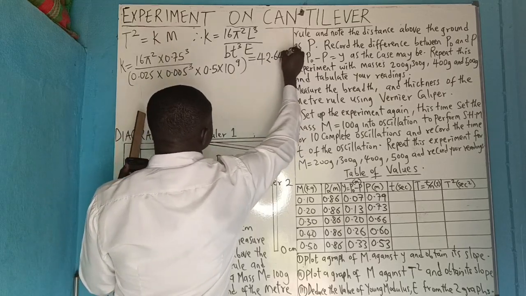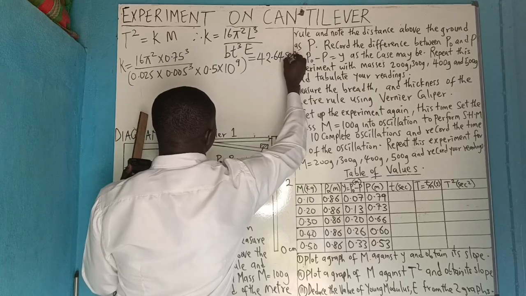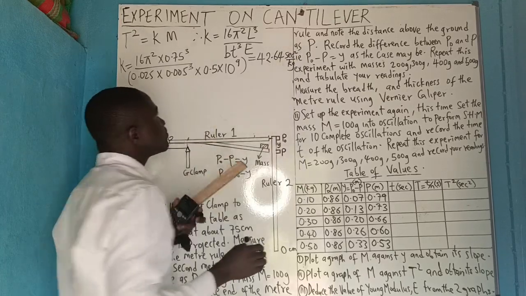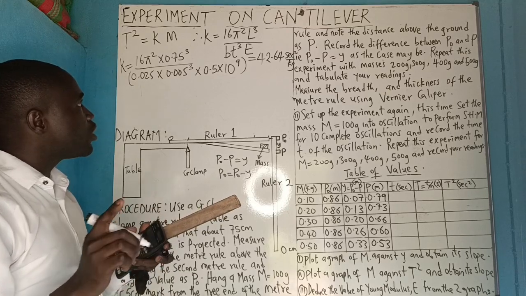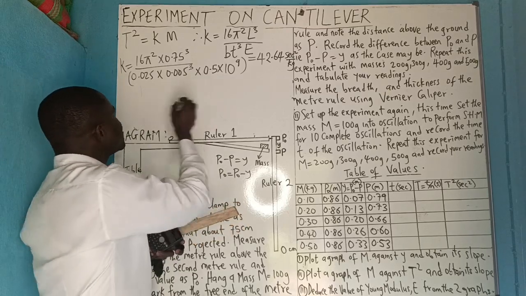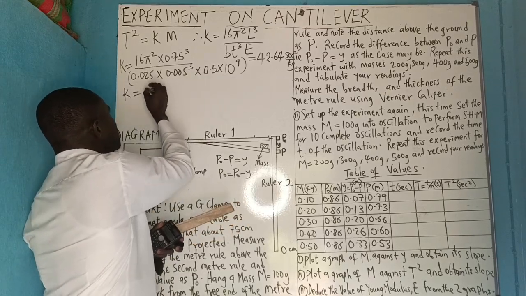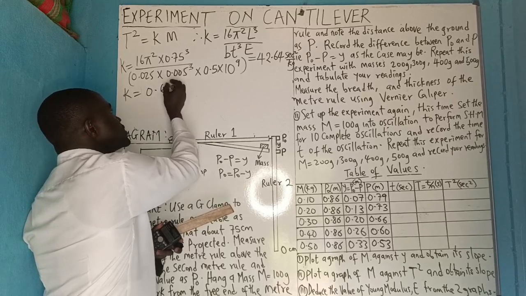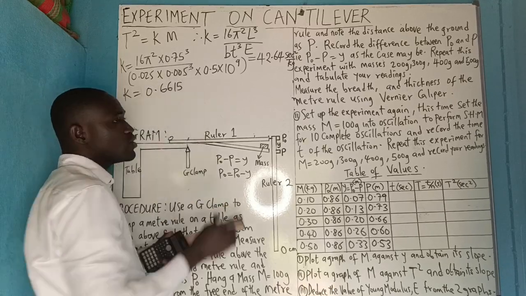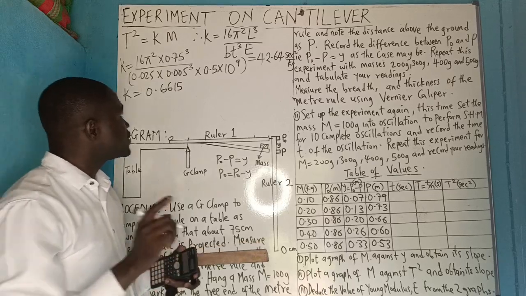42.64 second squared over what? Kg. That first one we got, we said that K is equal to 0.6615.